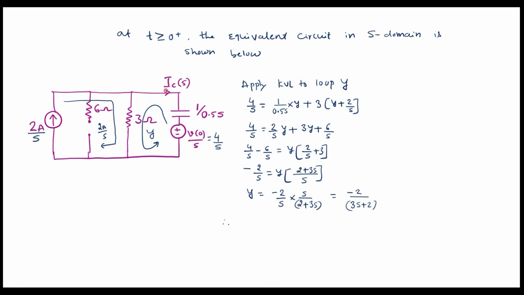Therefore, now I can say IC of s is minus of y. IC of s is equal to minus of y, which is equal to 2 divided by 3s plus 2.